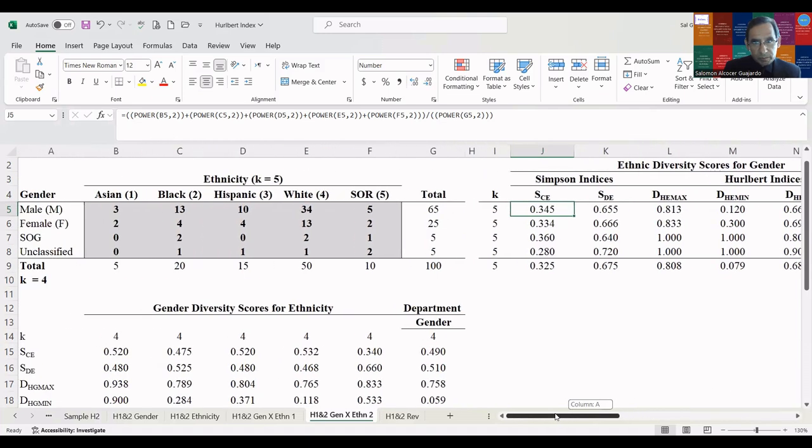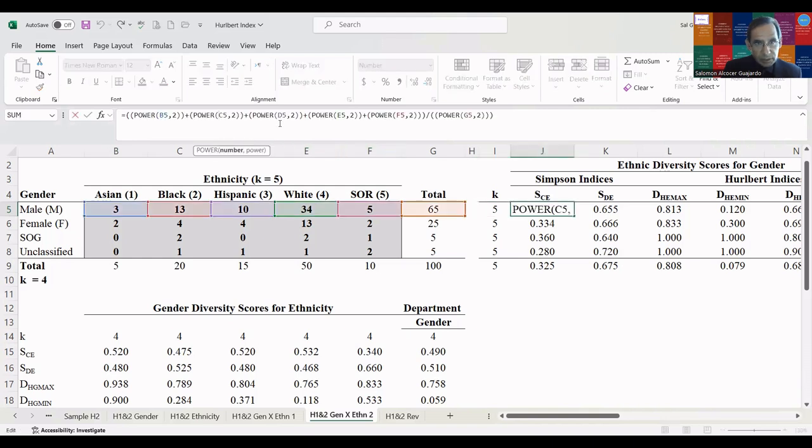So for males, again, there's k equals 5. The Simpson concentration score is going to be the frequency for each ethnic group by male squared. So it's going to be 3 times 3 for the Asians, 13 times 13 for the black men, 10 times 10 for the Hispanic men, 34 times 34 for the white males, and 5 times 5 for some other race.